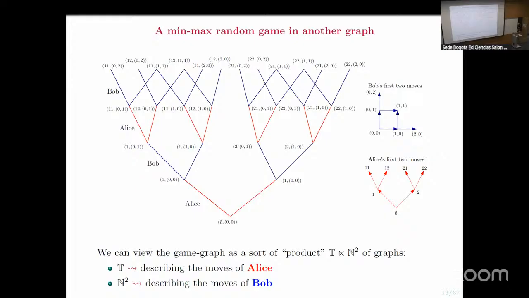So the graph is something like this. It's like a product. I have here Alice, then Bob, then Alice, and then Bob. But you can see that now different histories of the game can lead to the same outcome of the game.